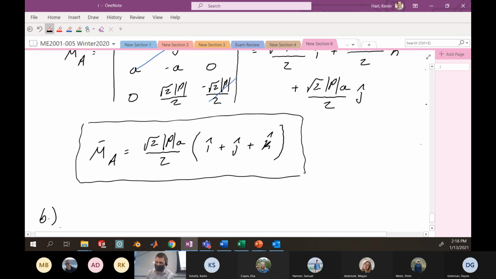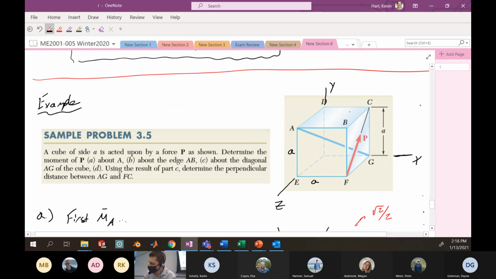Part B. Next thing we want to know is how much that moment contributes about the line AB. So I've got this moment that I've generated at A, and what I want to do is project the contribution of that moment onto the line AB.